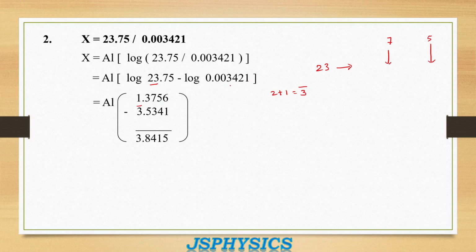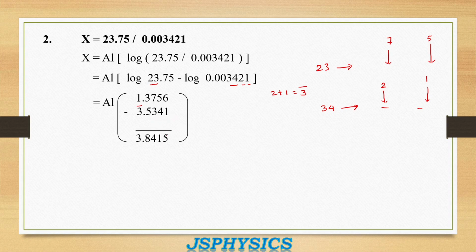Then to find the mantissa, we look in the row of 34 under the column of 2 and mean difference of 1. We add these two numbers, and that gives the answer 5341. So the log of 0.003421 will become bar 3.5341.